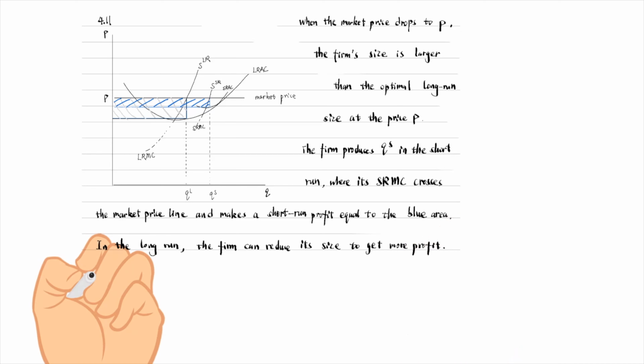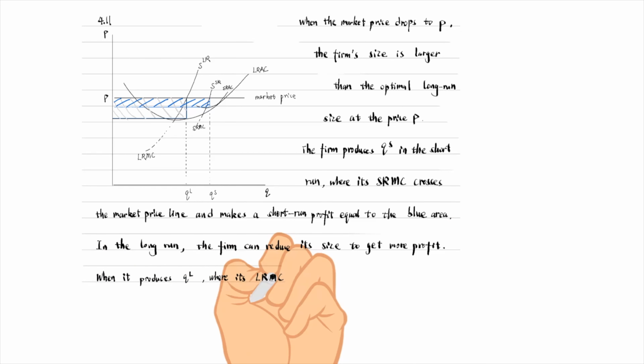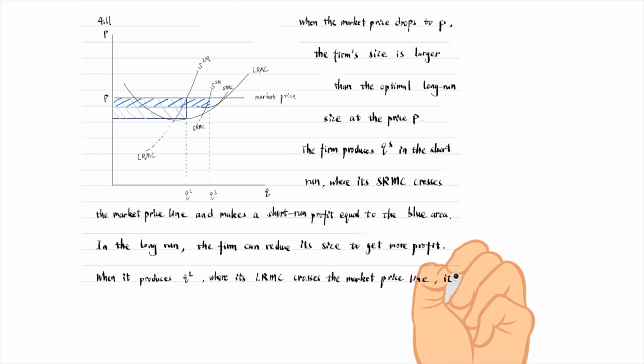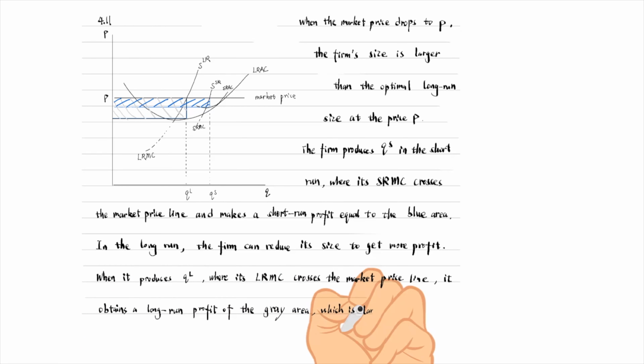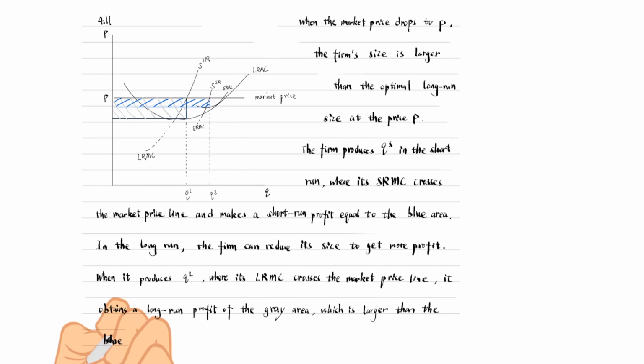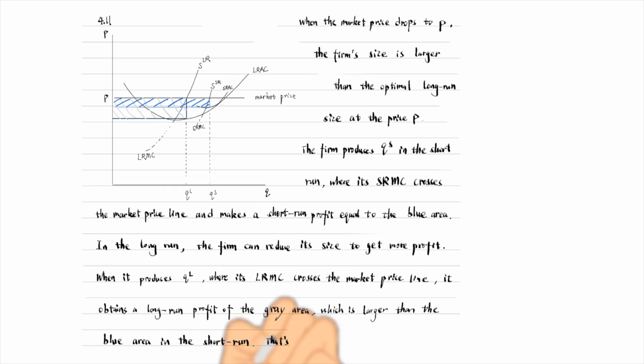When it produces output QL, where its long-run marginal cost crosses the market price line, it obtains a long-run profit of the gray area, which is larger than the blue area in the short run. That is why the firm's size has fallen in recent years.